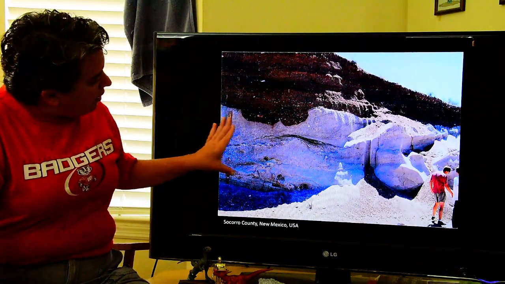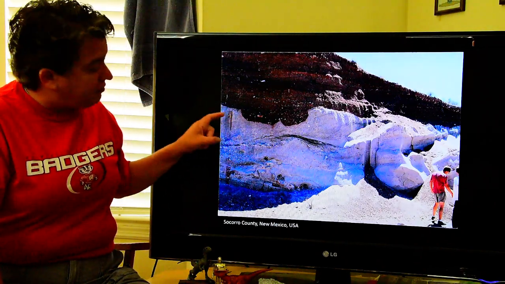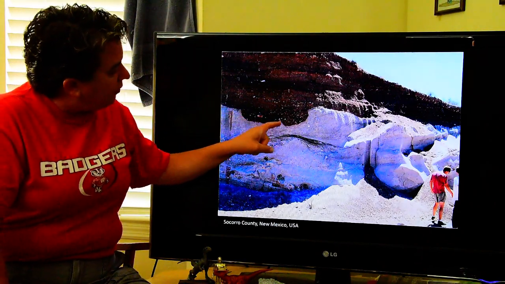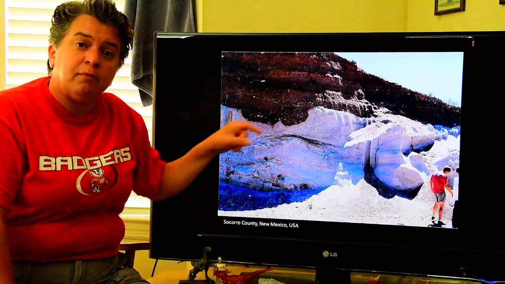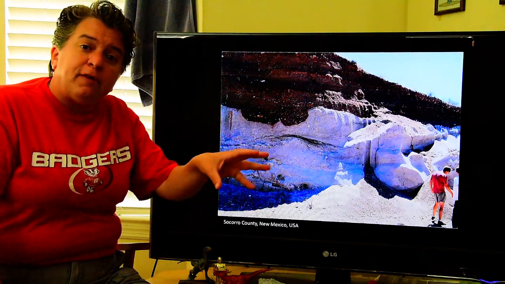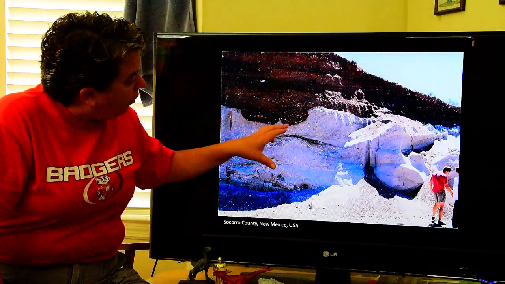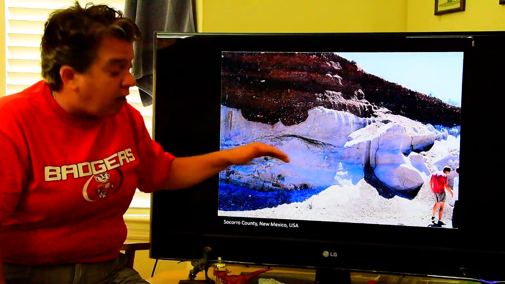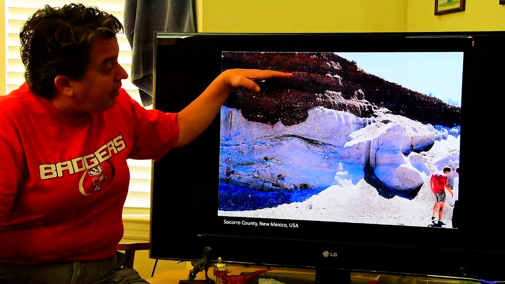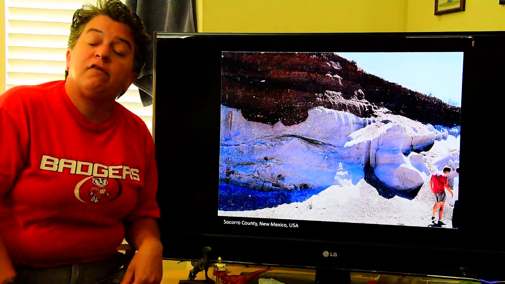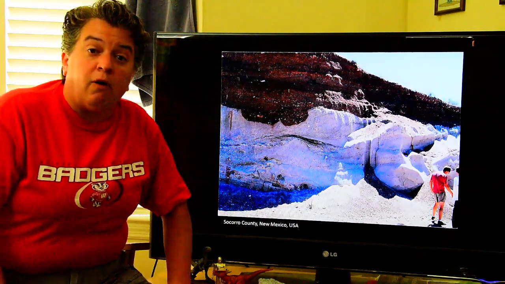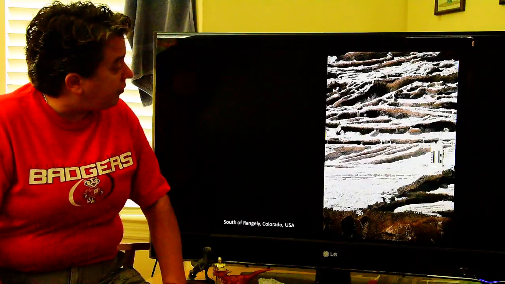And the white down here, these are older sediments. And what we're seeing right here, this is what's called a cut and fill system, where some fast-flowing water in the river actually eroded away some of these older rocks and then filled that eroded area with sediment. And that's something you often get with river systems.